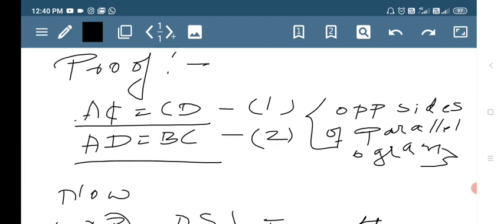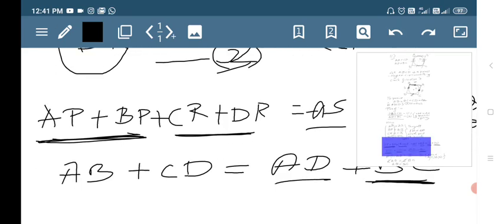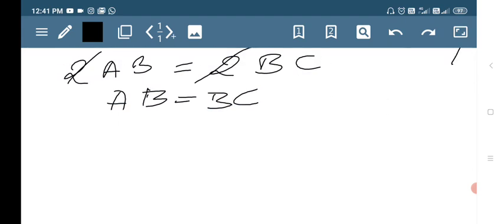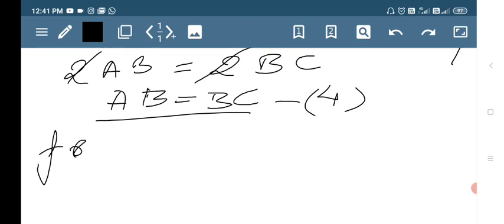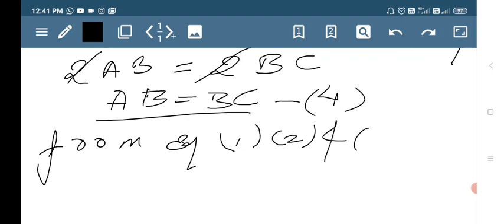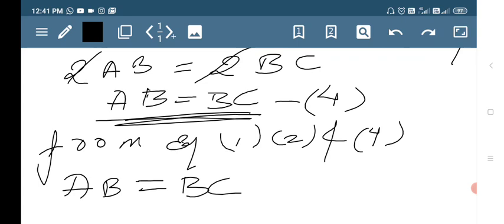So we have AB is equal to CD, we already have. AD is equal to BC, we already have here. Now we proved AB is equal to BC. Let this be equation 4. So from equation 1, 2 and equation 4, AB is equal to BC, right? Equation 4 says AB is equal to BC.